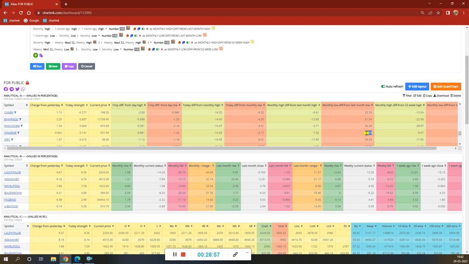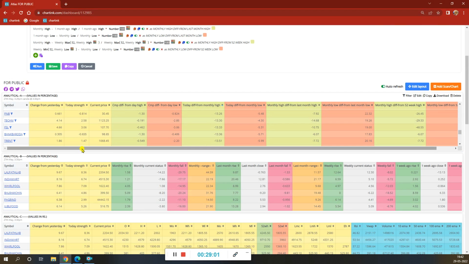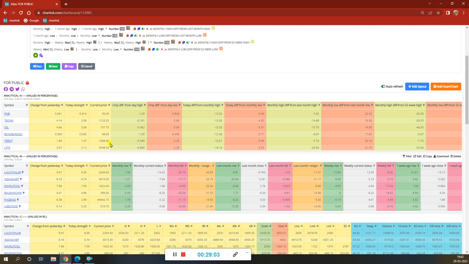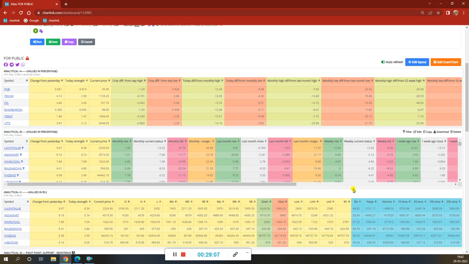That's how we can figure out what is happening in the stock, even without looking at the chart. If you use this religiously, you can figure out what is happening in the stock. So it becomes very easy and very quick to take a call or a decision or to understand the stock behavior. Anyways, let's move ahead.